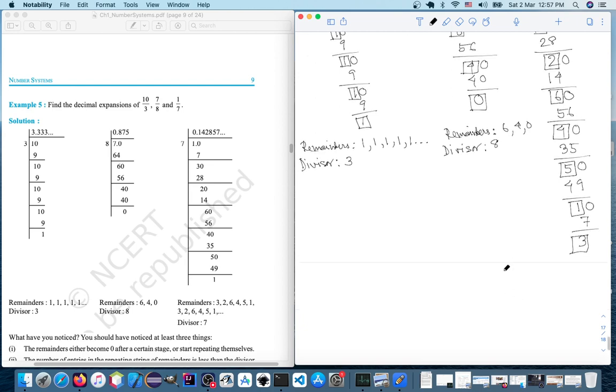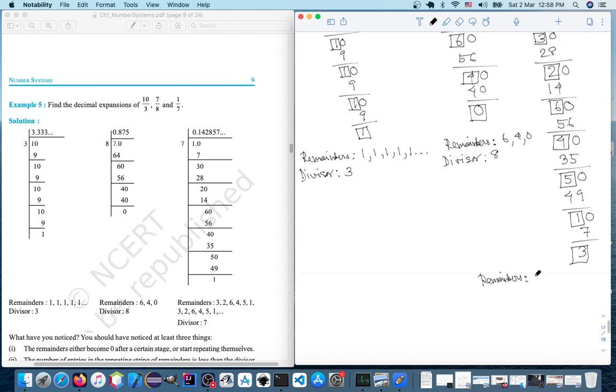And for this, the remainders were: the first remainder was 3, 2, 6, 4, 5, 1, 3 again, and like this. After 3 it will again be 2, 6, 4, 5, 1, and it will continue, it will never end.